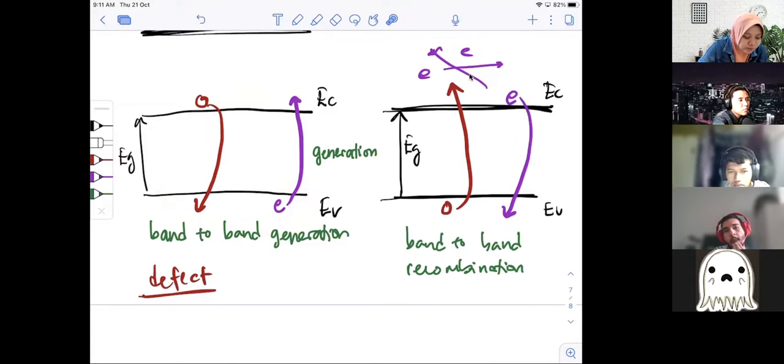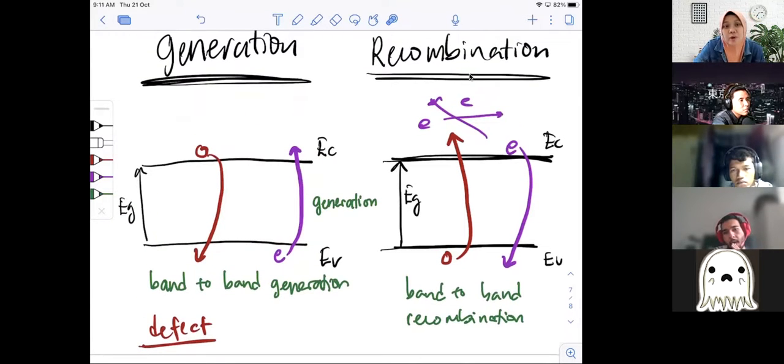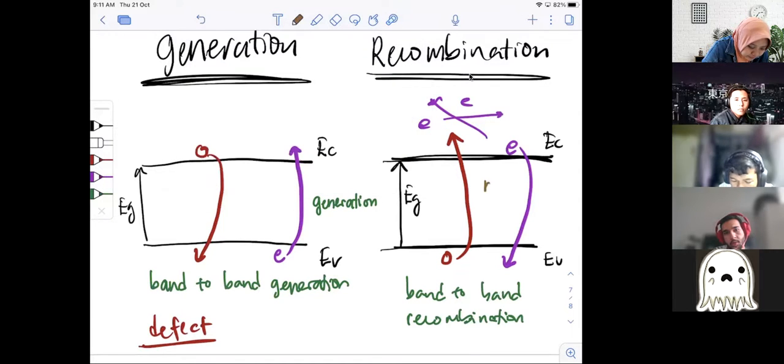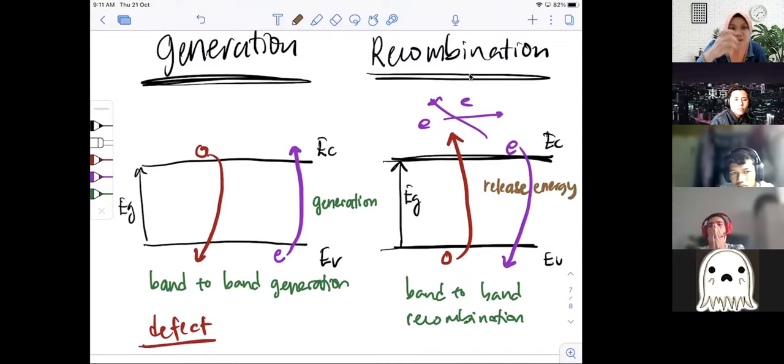But the recombination process is the opposite of generation. It means that whenever we have recombination, it releases energy. Okay, let's write down. Recombination releases energy, and how much energy it releases is the energy of the band gap.